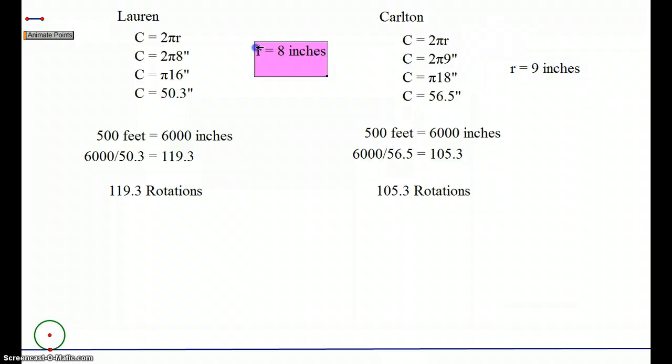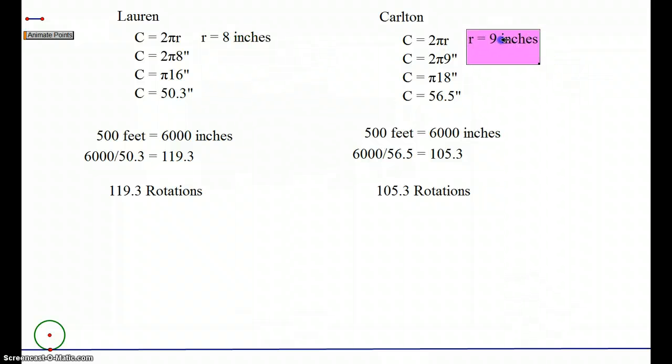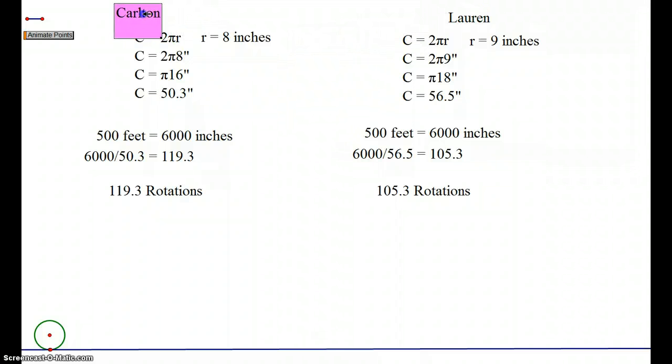So we'll just move it like this: Lauren and Carlton. Here we go. Carlton, with the smaller tire, had 119 rotations. Lauren, with the bigger tire, if we work through it, has a bigger circumference and a smaller number of rotations. Therefore, Carlton's tire spun more times in 500 feet than Lauren's did.